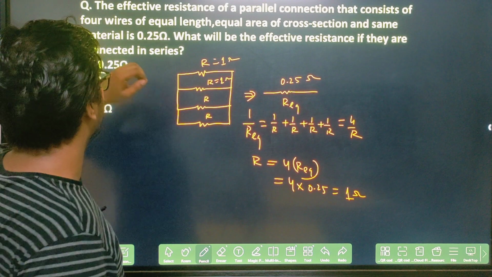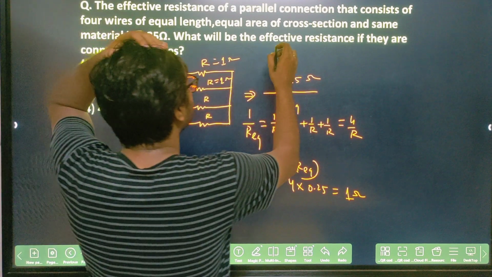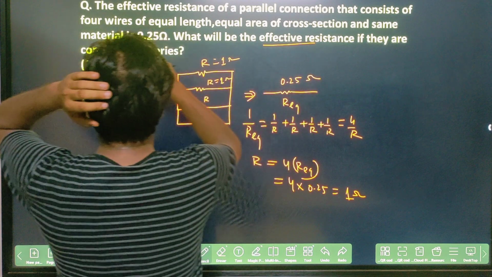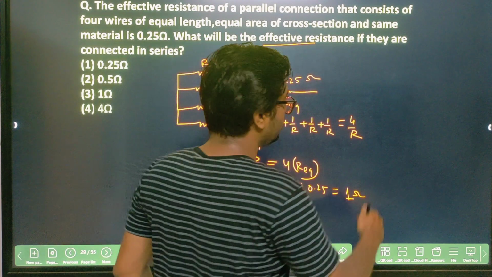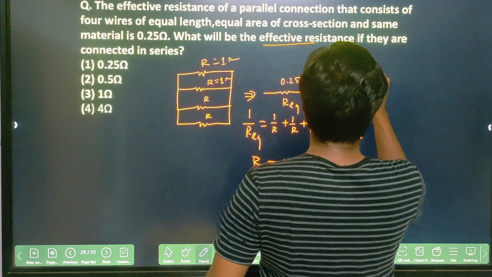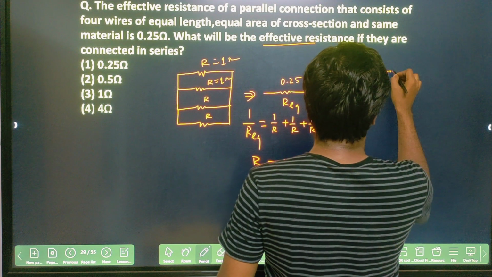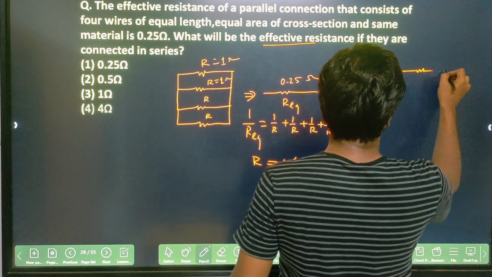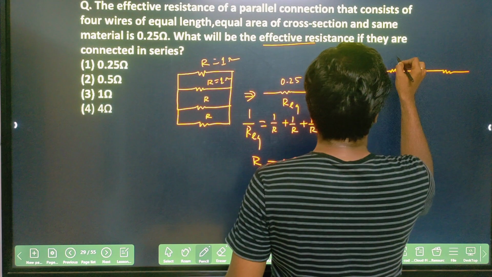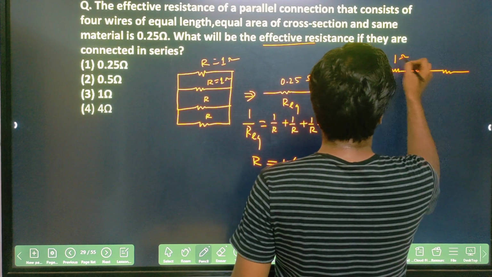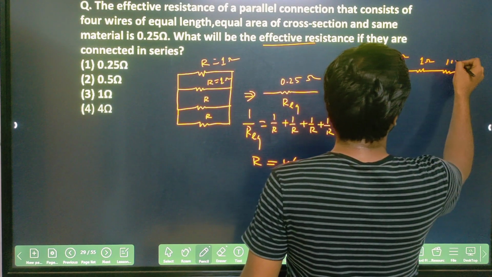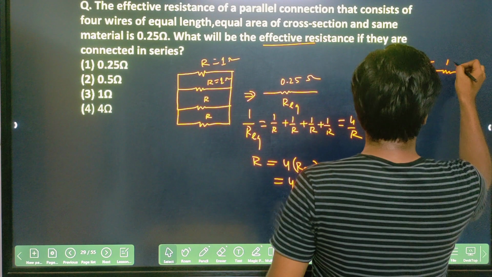Now they are asking what will be the effective resistance if they are connected in series. So each 1 ohm resistor you connect now in series.